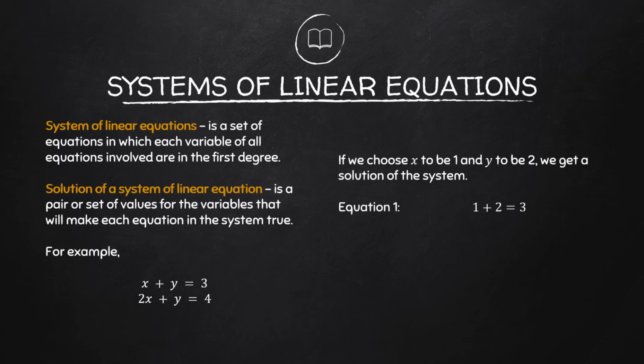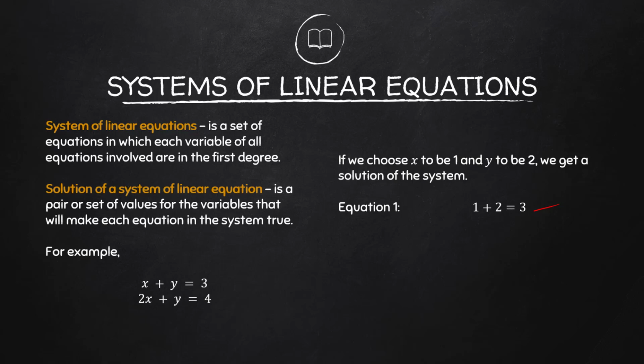In equation 1, substituting 1 in x, we have 1 here, plus substituting 2 in y, we have 2. So 1 plus 2 is equal to 3. That is equal to the other side of your equation, meaning it satisfied the first equation.